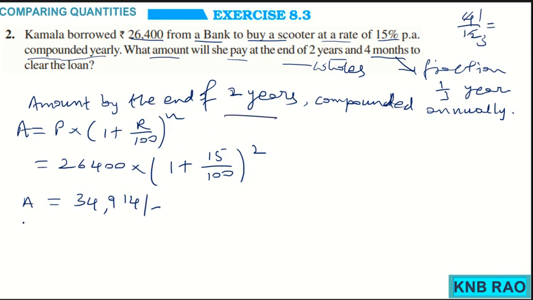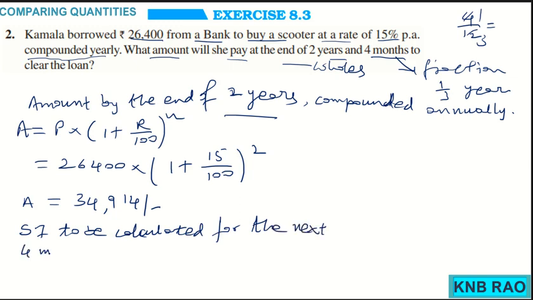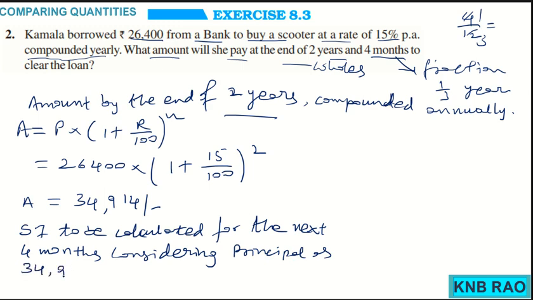Now simple interest has to be calculated for the next 4 months, considering principal as 34,914 rupees.